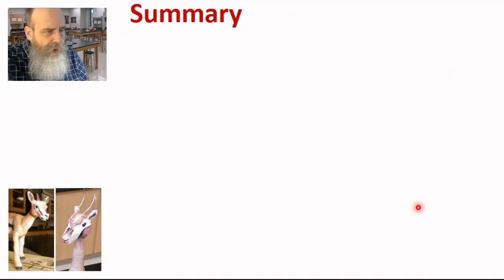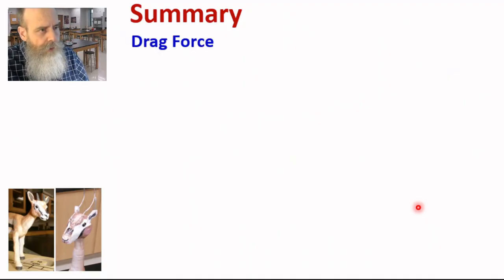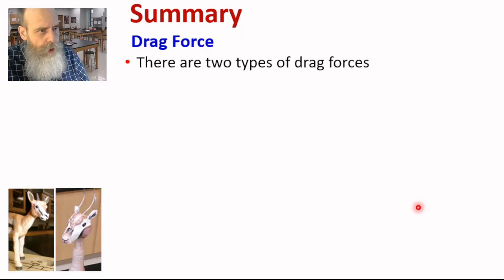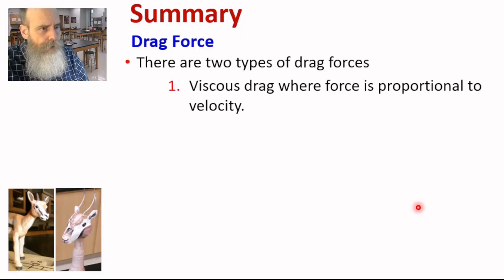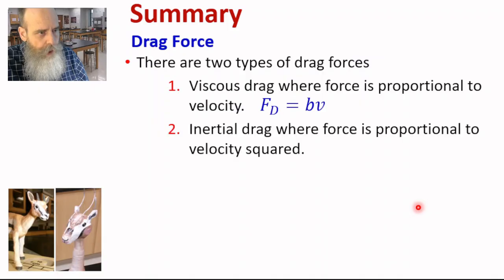Here's a summary of what we've learned today. First of all, we looked at drag force. There are 2 types of drag forces. One is viscous drag, where the force is proportional to velocity: Fd equals bv. Then we had inertial drag, where the force is proportional to the velocity squared: Fd equals kv squared.